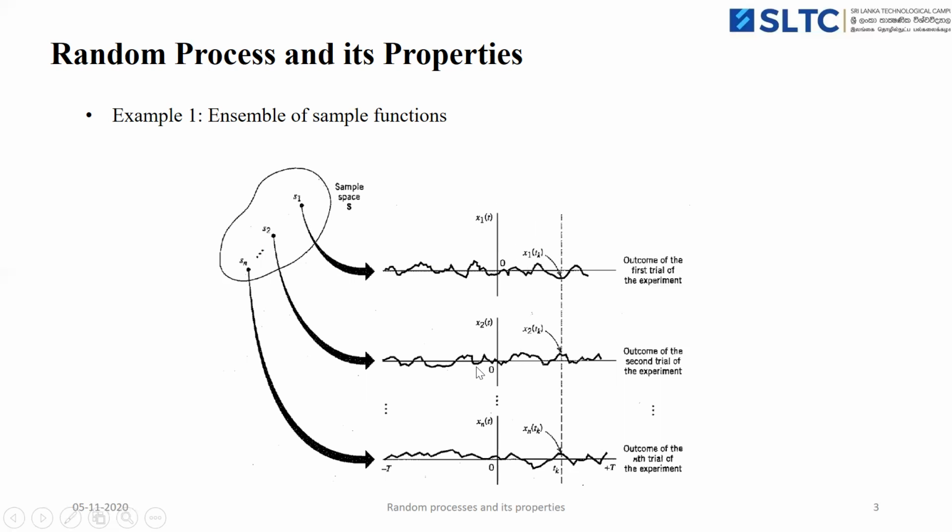Similarly, for the second sample function at time t1, and for the nth sample function at time t1, it is xn of t. So this x1 of t, x2 of t, xn of t, the set of these values, forms the random variable, because they give the values of the sample functions.